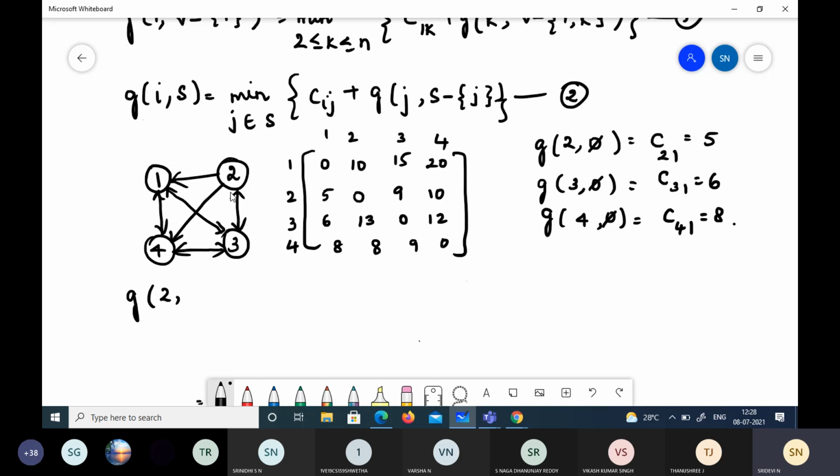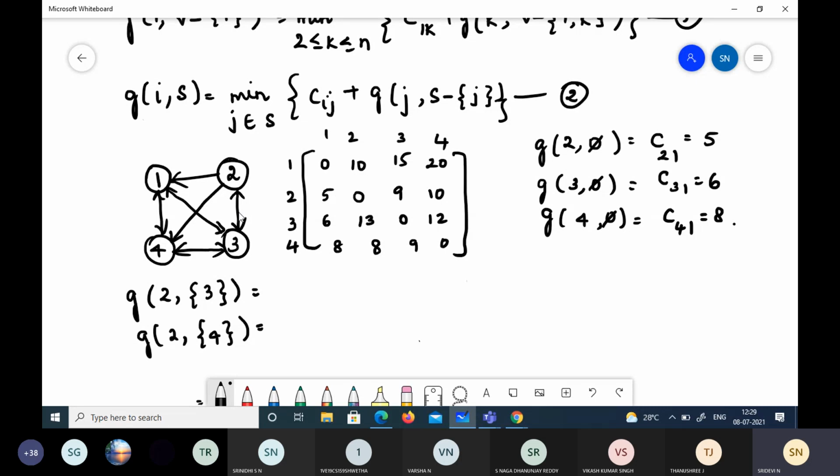So from 2, we can visit 3 and 4. First we'll visit 3 and find the path. Then from 2 to visit 4, what is the path we will check? So 2 to 3 and 2 to 4. 2 to 1 we have checked, 3 to 1 we have got it, and 4 to 1 we have got it.